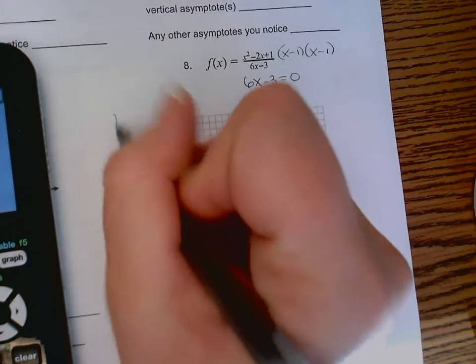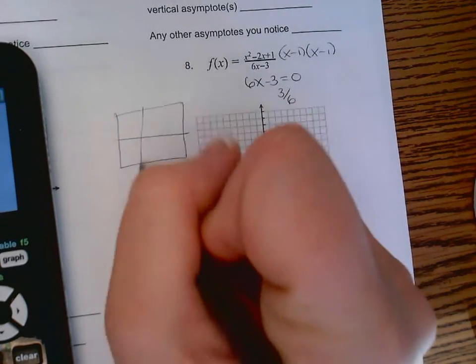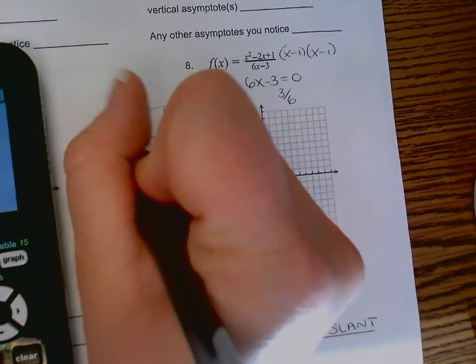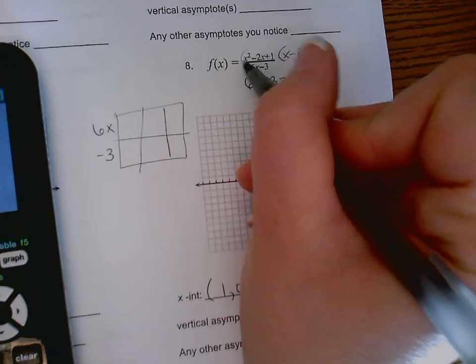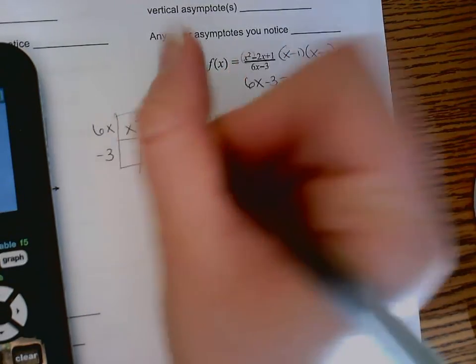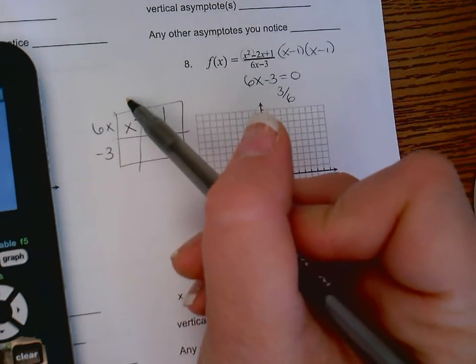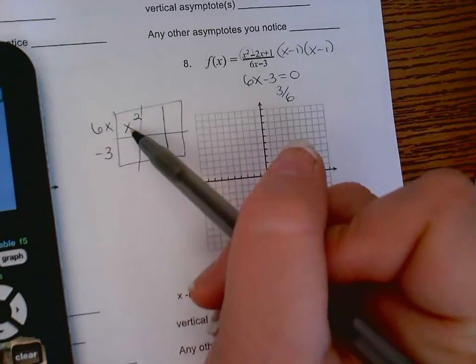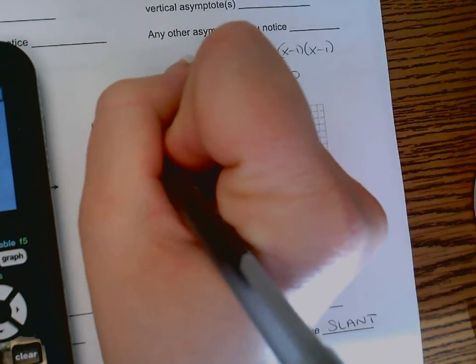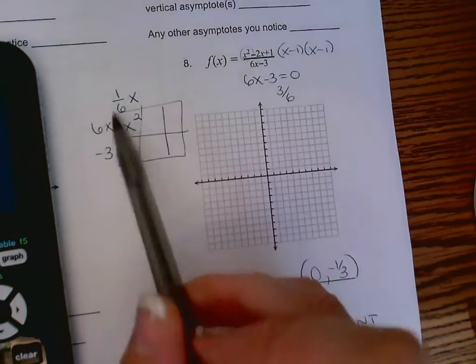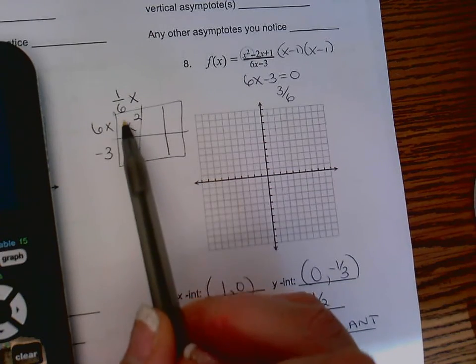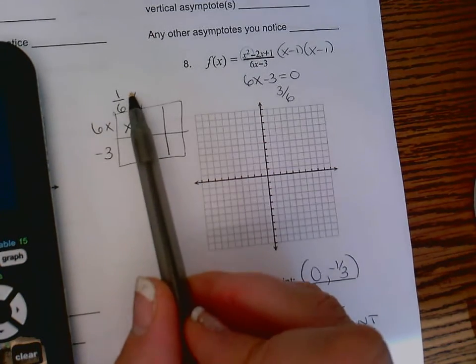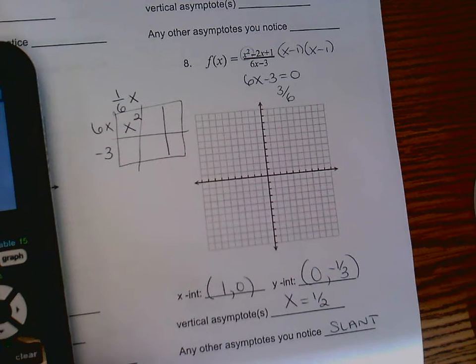Maybe I'll do it just to review division. So 6x minus 3. My first term is x squared. What would I have to multiply by 6x to get x squared? 1/6 x, right? Because then 1/6 times 6 would be the coefficient of 1. What's 1/6 times -3?